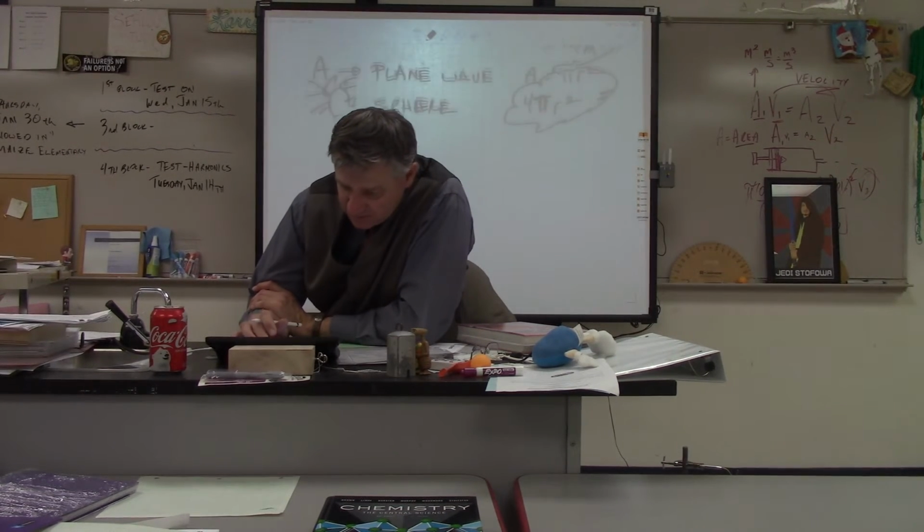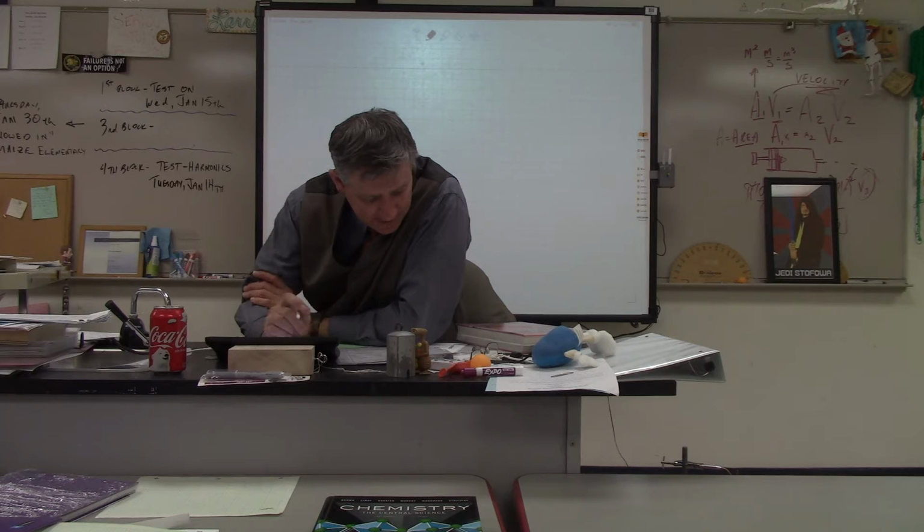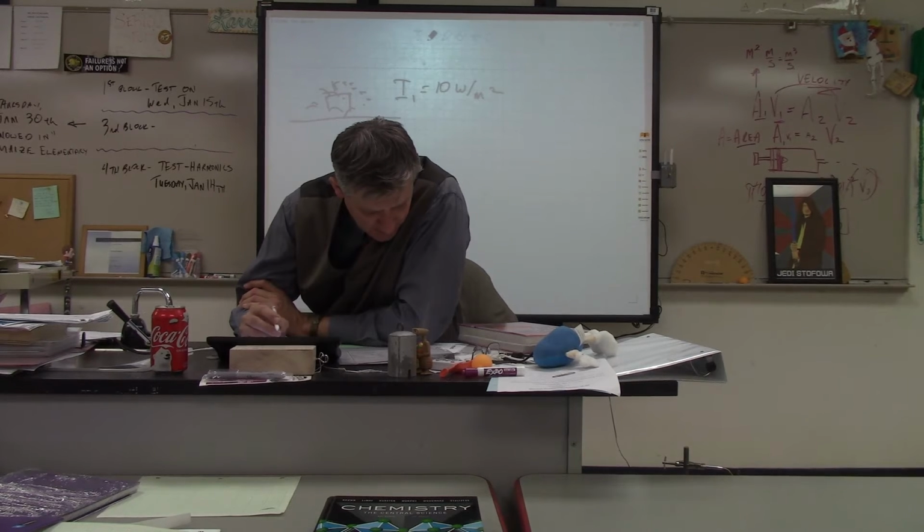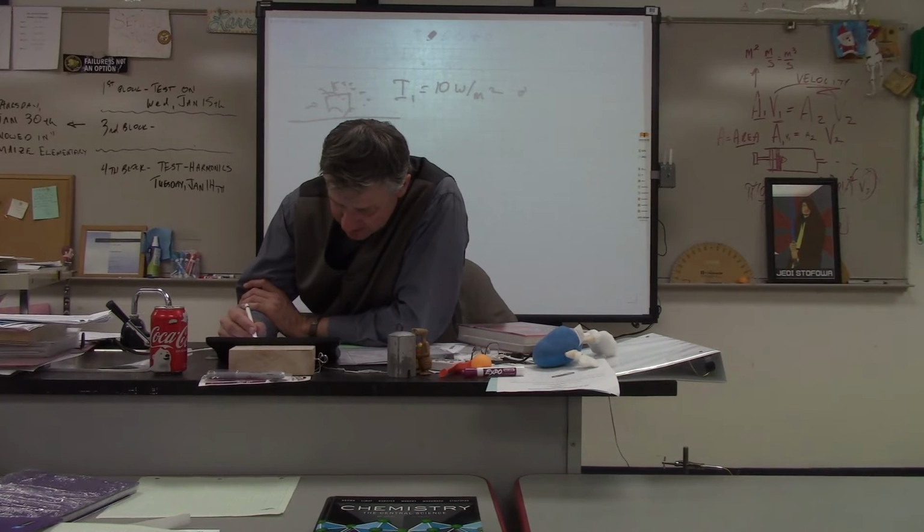A lot of times what you want to do is use a ratio. So let's say here's your source, and it's emitting some type of radiation, and the intensity at the source is 10 watts per square meter at a radius of 1 meter.